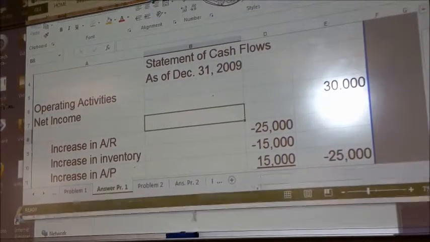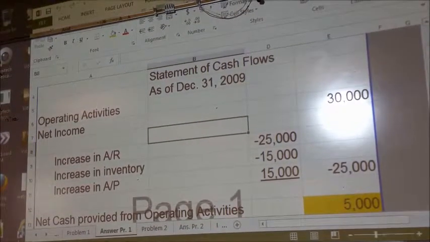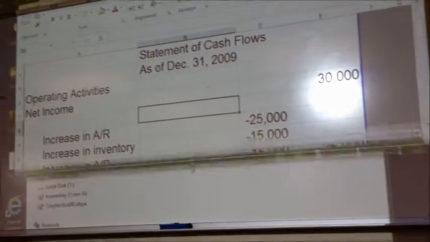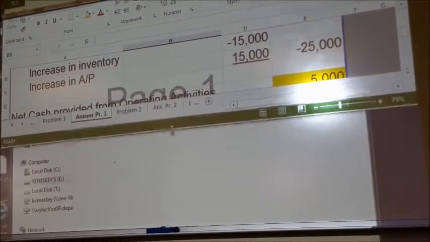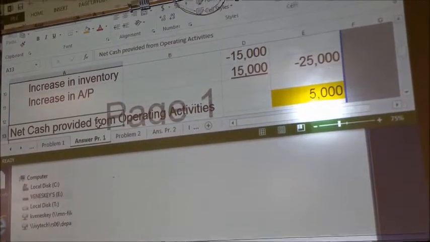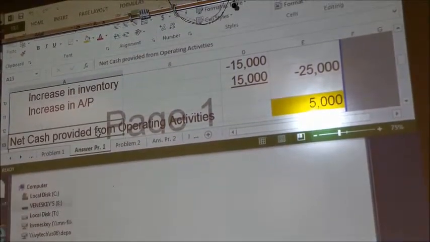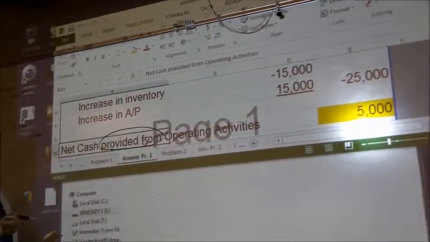Then I'm going to total. And I'll pull it up a little bit. This is the total, this is the wording that Wiley Plus uses. And the key thing that you'll see in the next example as well.